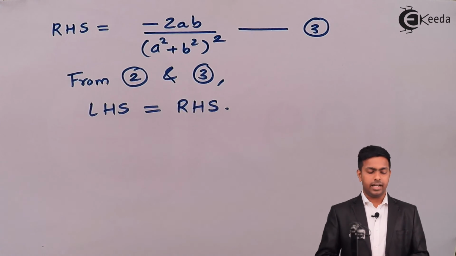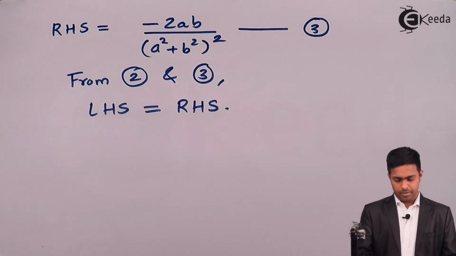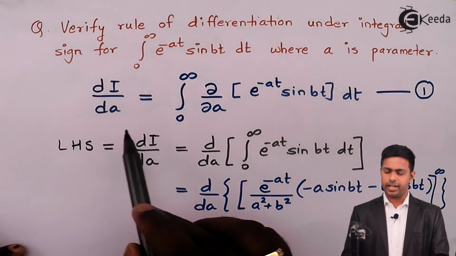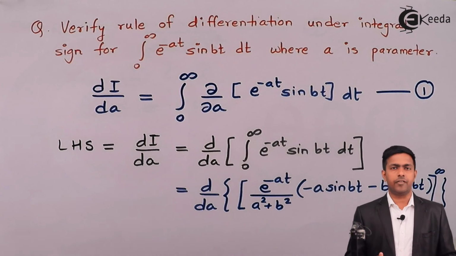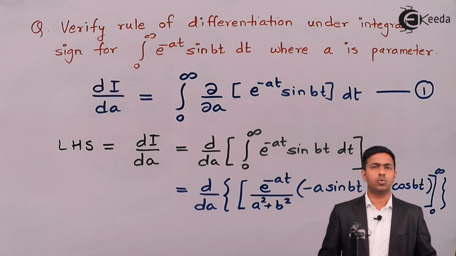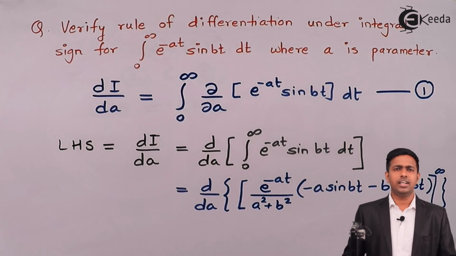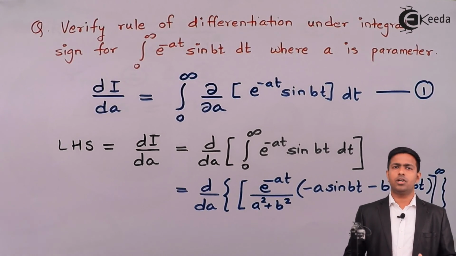So guys, it means the rule of DUIS which we have taken in equation number 1, in that the left hand side is exactly equal to the right hand side, and hence we can say that we have verified the rule of DUIS by using this function.